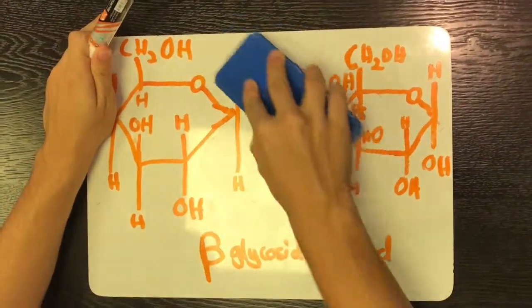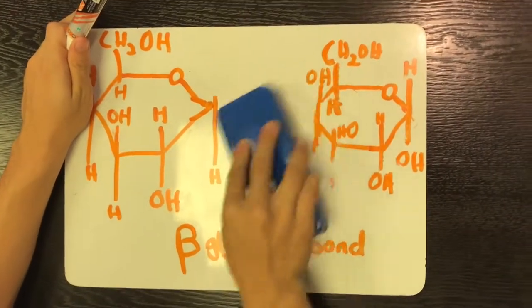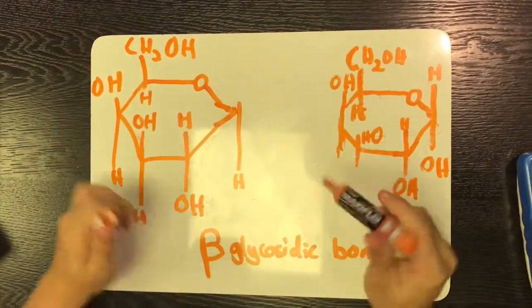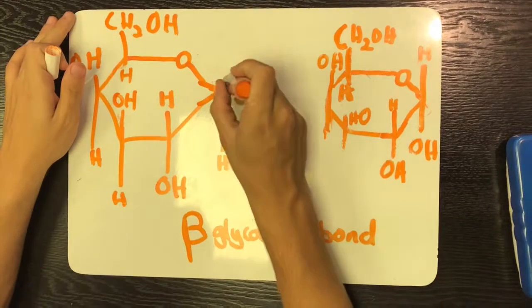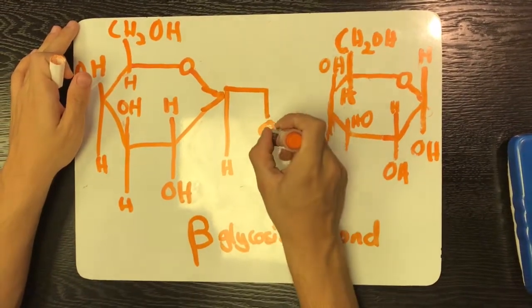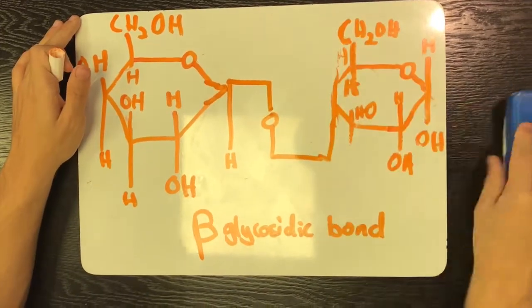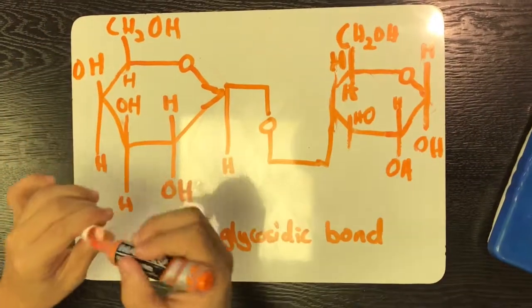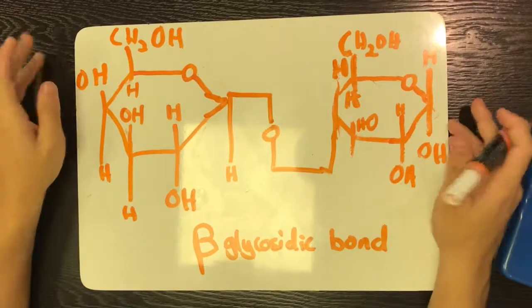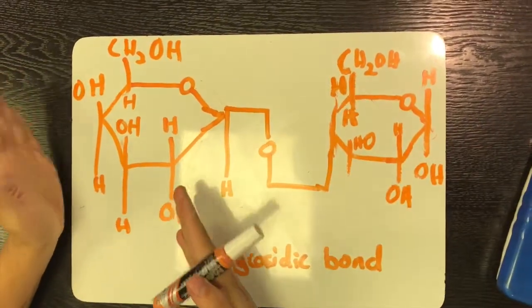Once that molecule of water is removed, you get a bond between the two molecules, the beta galactose and the beta glucose.